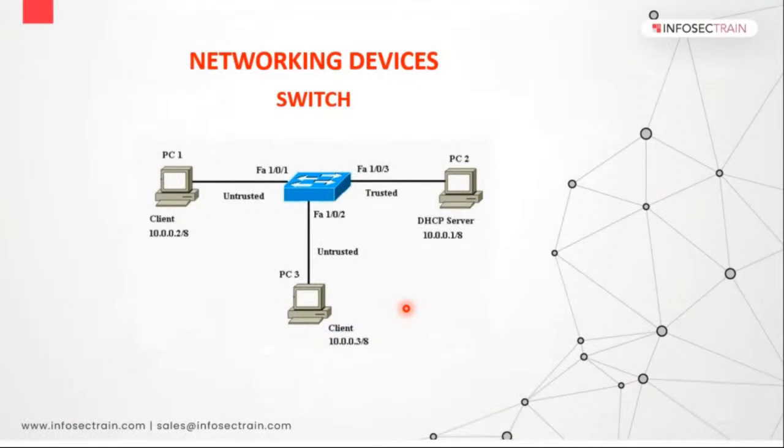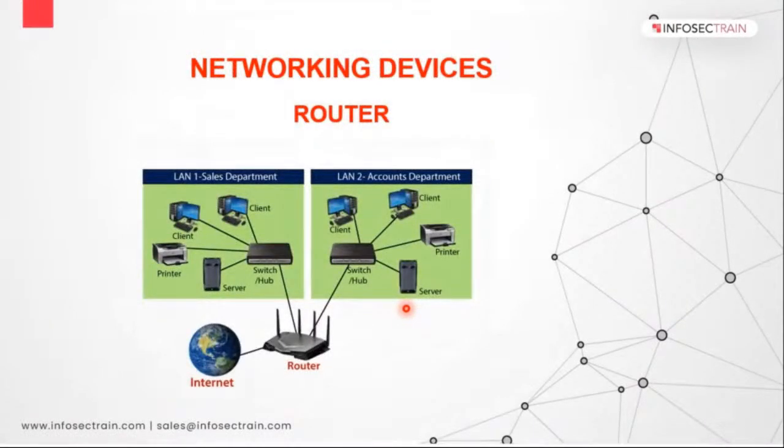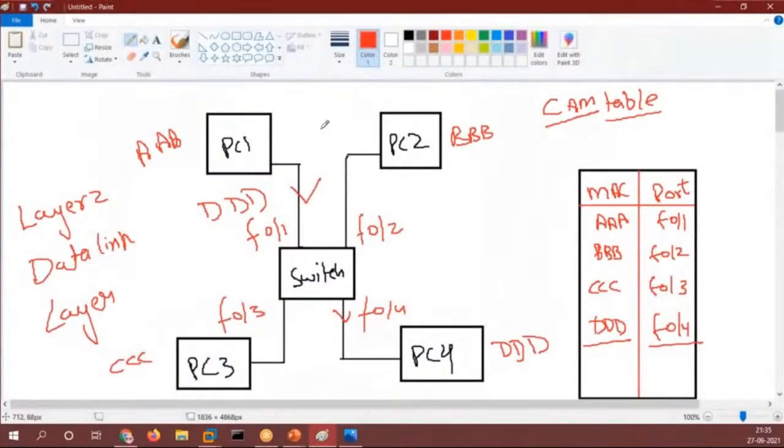Now, the next device that we will be talking about is the router. Same example we will take of the switch. We have this switch, and this is the network of it.